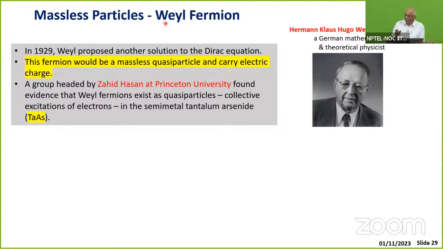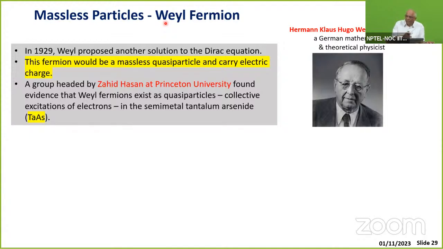So the regular fermion is an electron with a mass and a charge. But the Dirac equation can also be achieved with zero mass, but an electronic charge, a particle like a photon with no mass, but there is a charge.